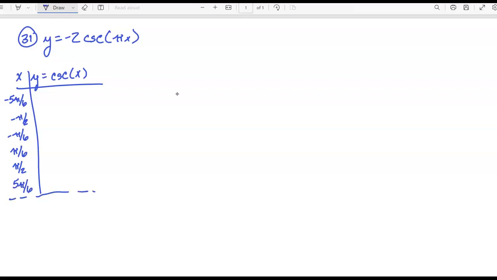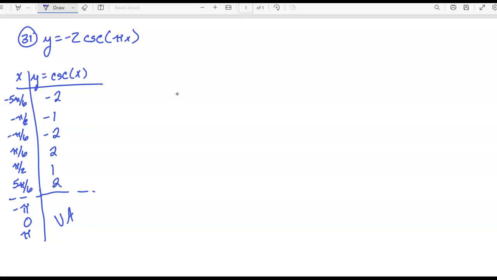I'm going to draw a dotted line. This is where my vertical asymptotes are. So I'm at -2, -1, -2, and then 2, 1, 2.